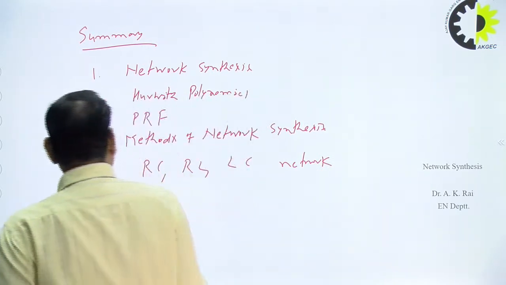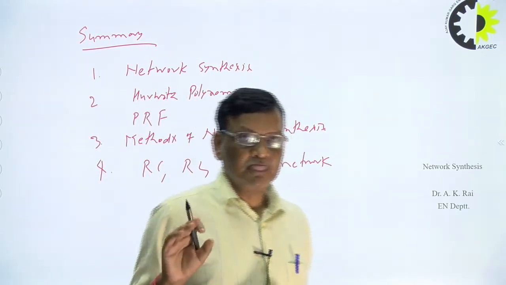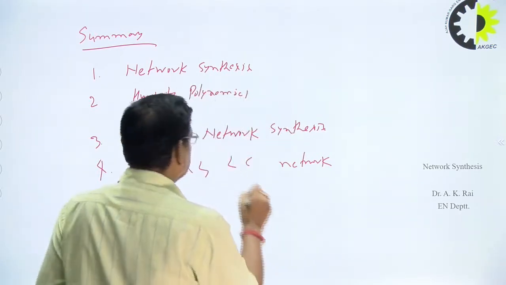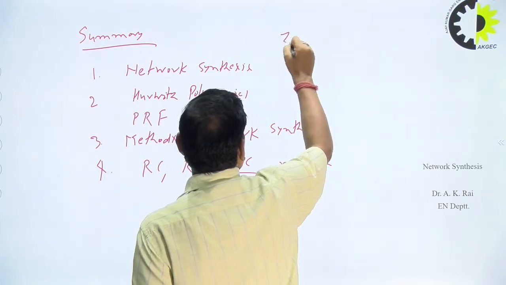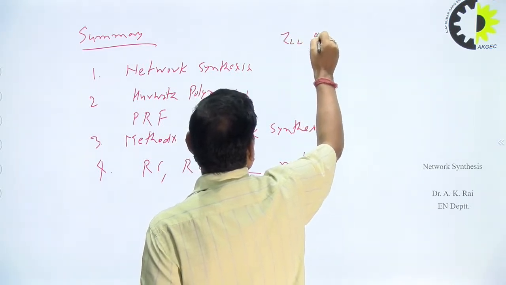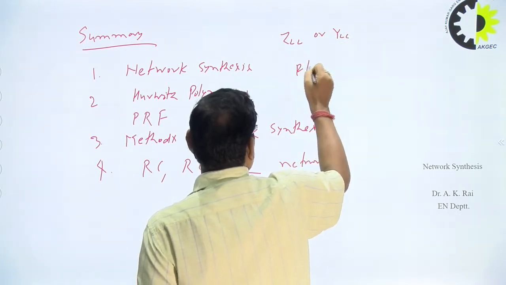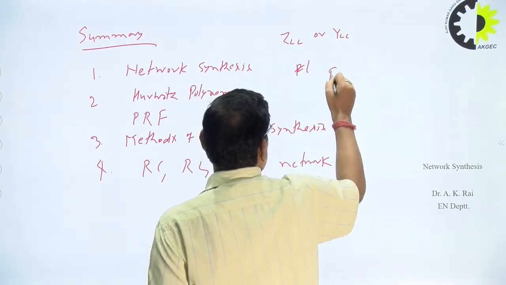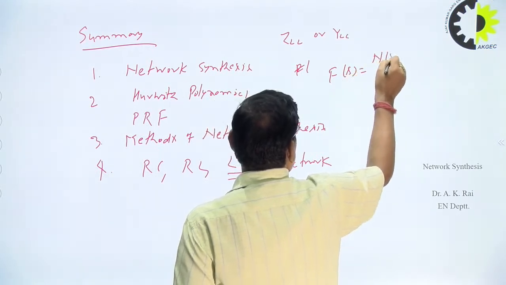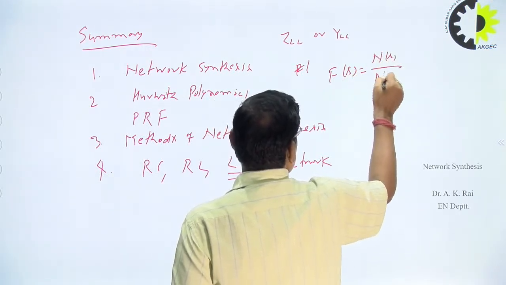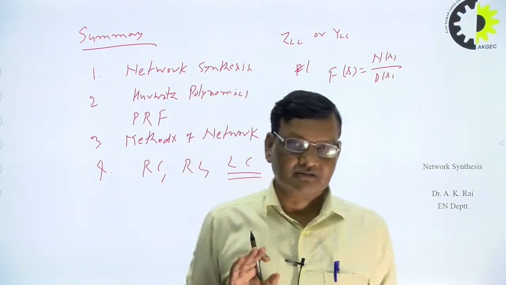Two-element networks. One thing I want to tell you, for the LC, if you remember the property, it was ZLC or YLC. So if F(s) is given, it can be impedance, it can be admittance.